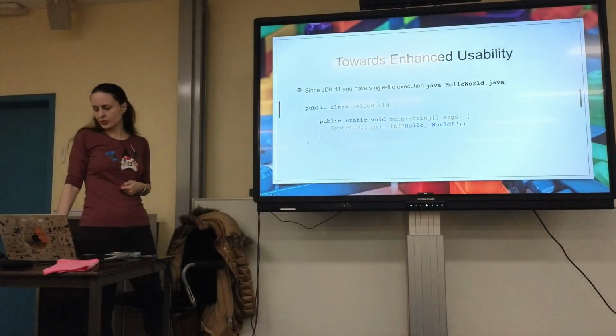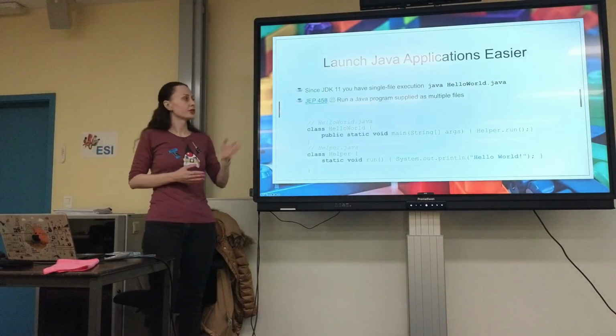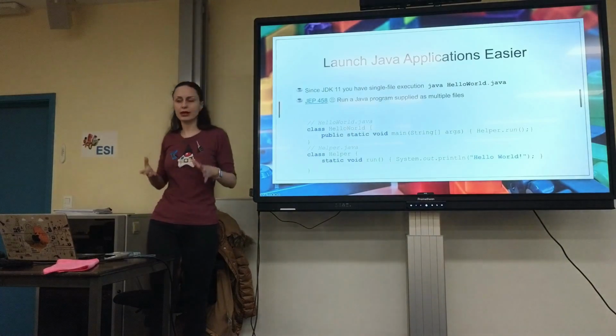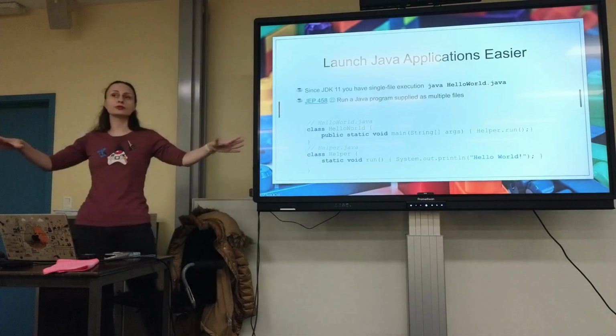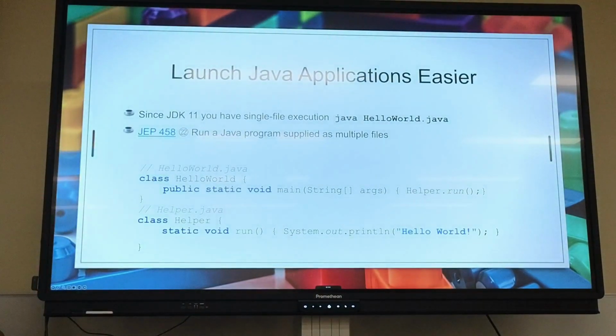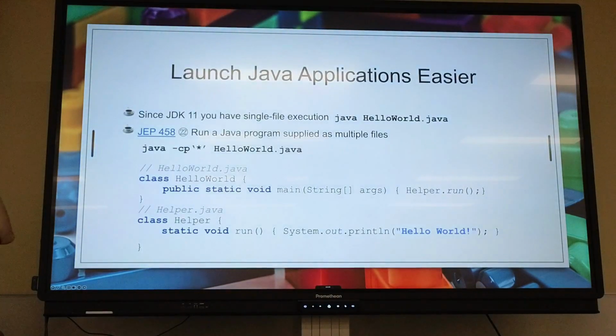But besides launching Java applications easier, in JDK 22, what JEP 458 is proposing is to run a Java program that is supplied as multiple Java files to be run just with one single command. So just imagine that we would have something more complex. You could just write java -classpath everything and say HelloWorld.java.